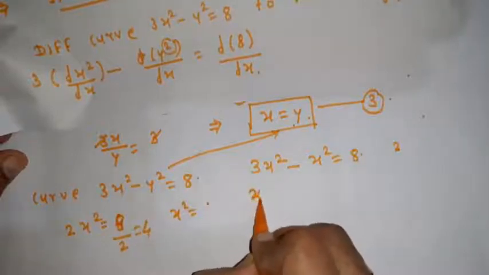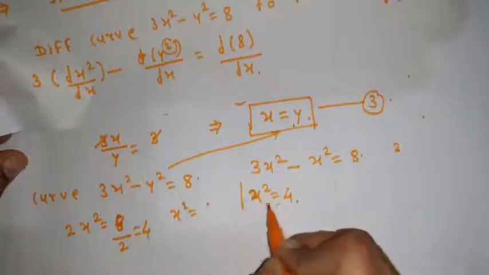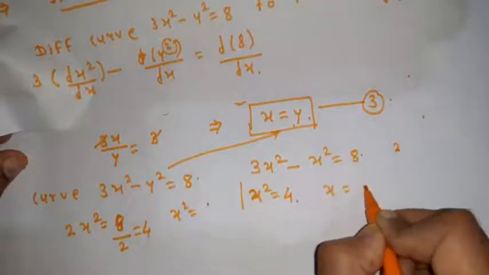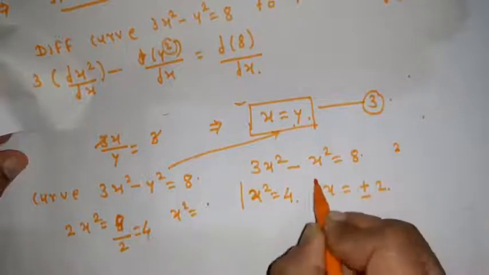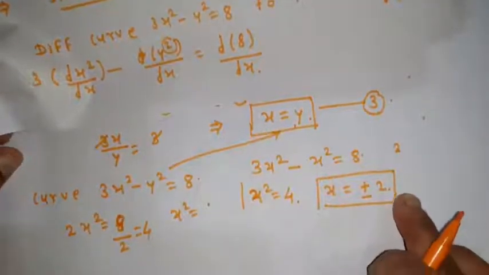Therefore x square equal to 4. Taking square root on both sides, we get x equal to plus or minus 2.